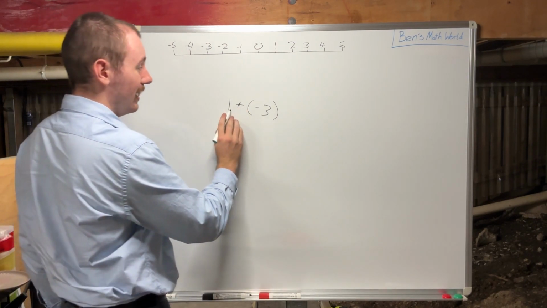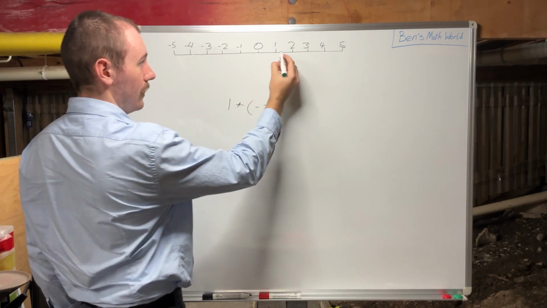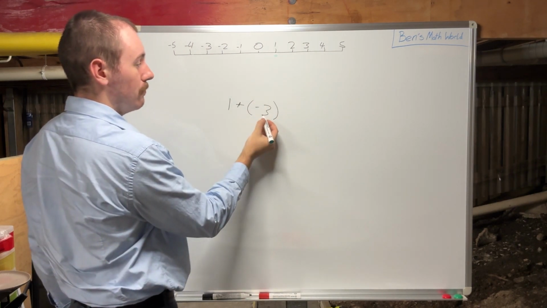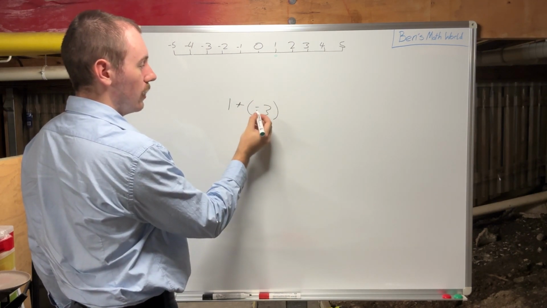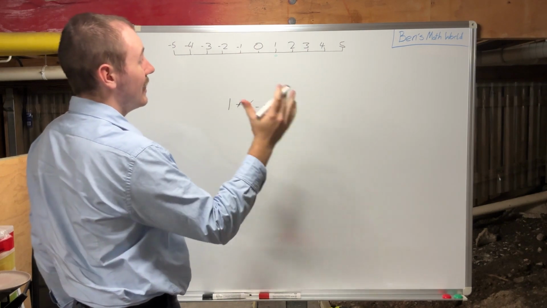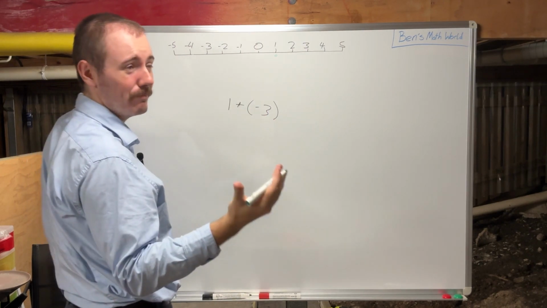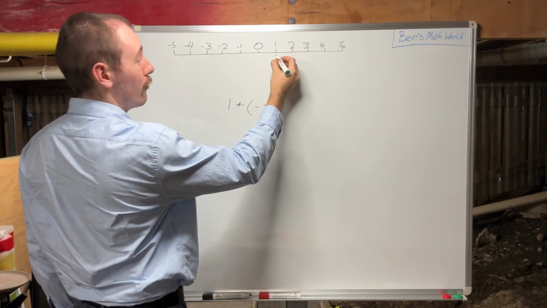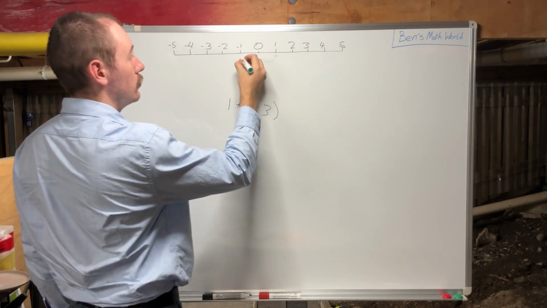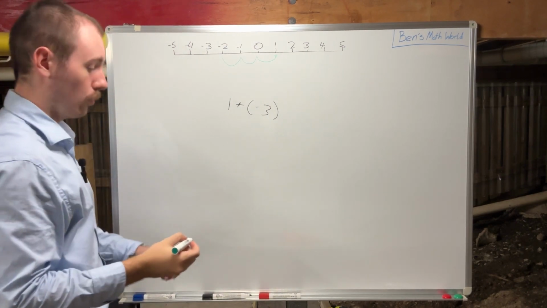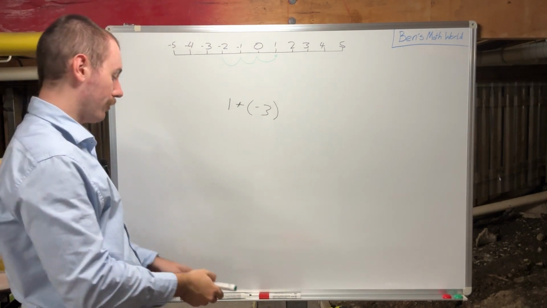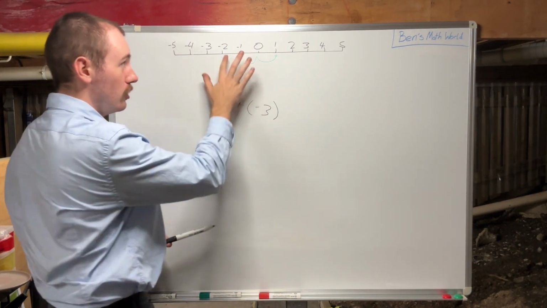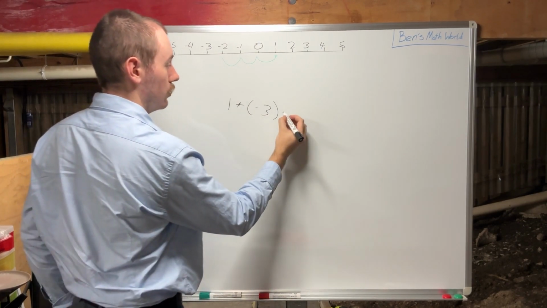We're going to start at number 1 right here, and we're going to add -3. So it's kind of like minusing. We're going to move backwards 3 spaces: 1, 2, 3. So 1 plus -3 is equal to -2.